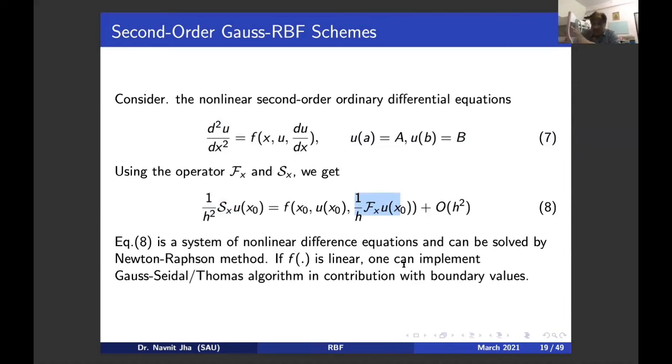Not only this, these two operators can solve most nonlinear forms, a function of x, u, du by dx, d2u by dx square. You take everything in f equal to 0, that can also be solved using these operators.